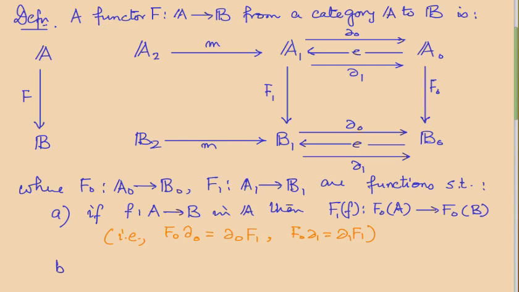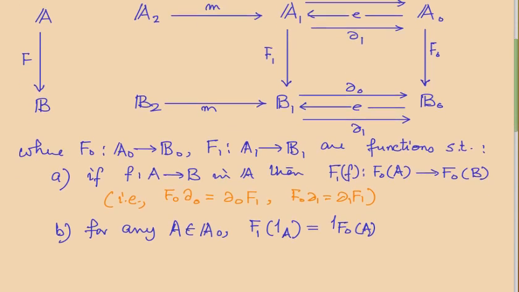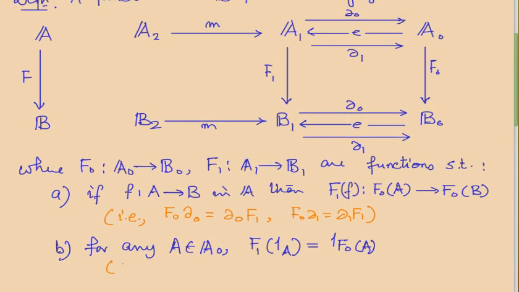Secondly, for any object A, the identity morphism on A must be mapped to the identity morphism on F0 A. So I am saying that F1 E is equal to E F0, that is, F0 E is F1 E. Okay.